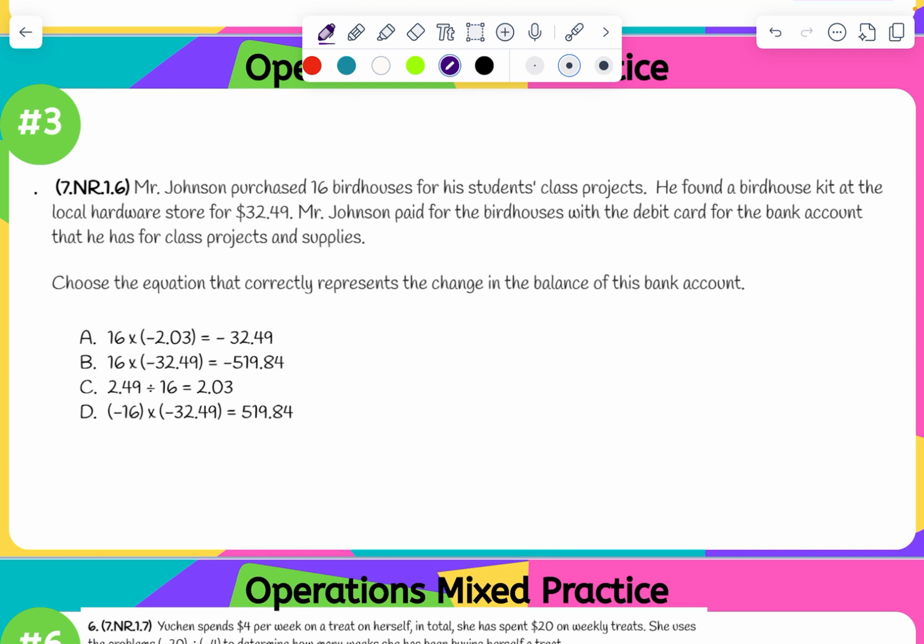So he bought 16 birdhouses. They all cost $32.49. So that's the amount of money that's going to come out of his account.